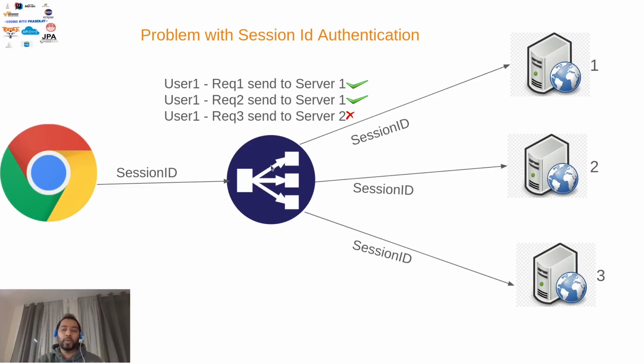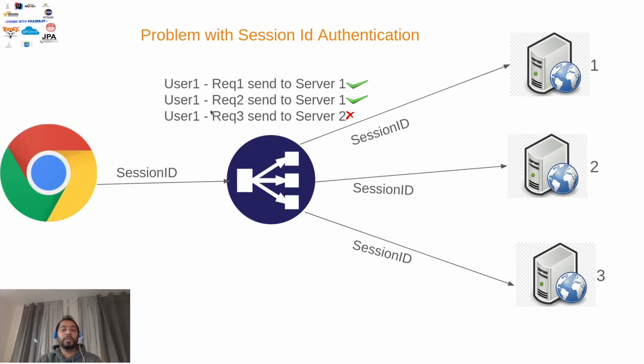One server is not enough to handle all the requests, so that's why you need many servers. Let's say user 1 is trying to log into the system using request 1. Request 1 is sent to server 1. Server 1 authenticates the user, creates the session for the user, and then passes the session information to the browser using a cookie.